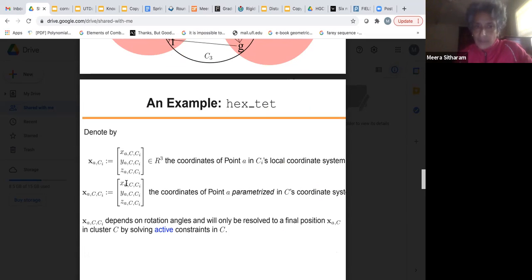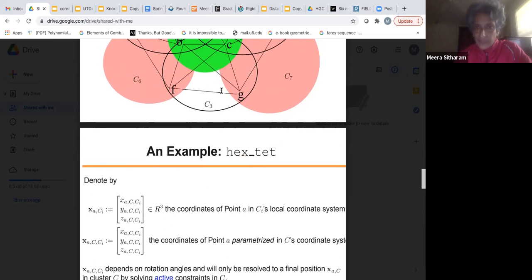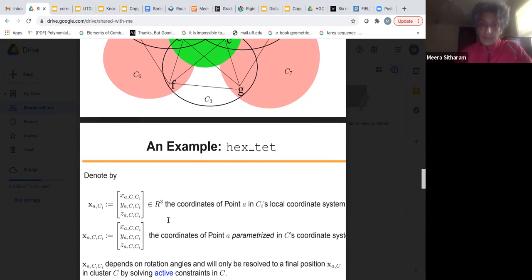For a given point A, X_A^Ci is the coordinates of that point, the 3 coordinates of that point, in the local coordinate system of the child in which it belongs. As I said, some points are going to belong to 2 children, so you're going to have a separate coordinate for each.